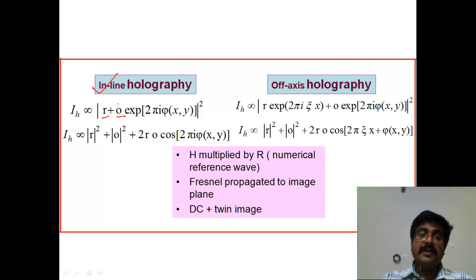That means there is no angle between the object wave and reference wave. So during reconstruction, what happens? In the reconstructed image, this term corresponds to DC, and the real and virtual images are merged together.